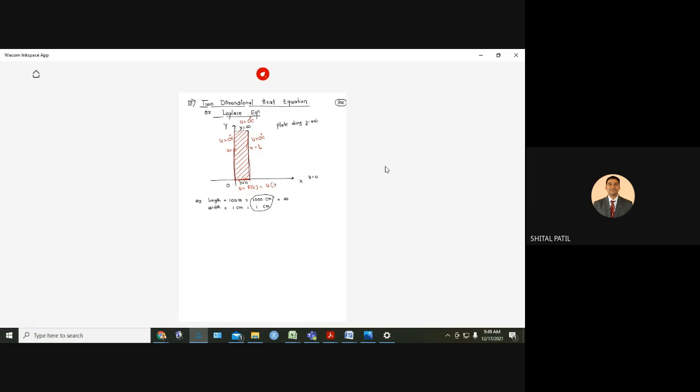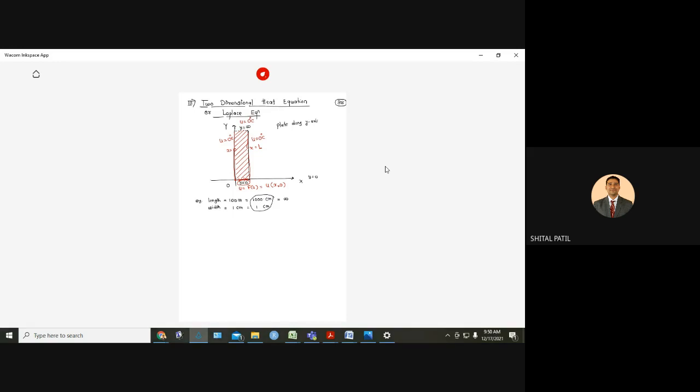So x is changing. What about y? Y is constant, y equal to 0. And that is equal to f of x. u of x, 0 equal to f of x. This is the only functional condition. The remaining three conditions, that is temperature along the remaining three edges, are 0. So let me write it.